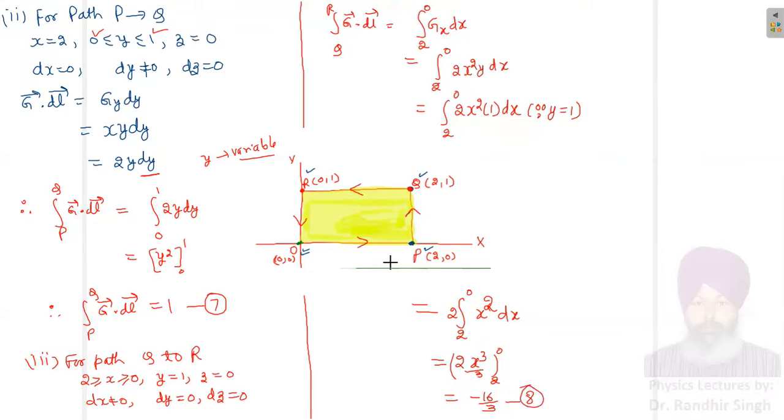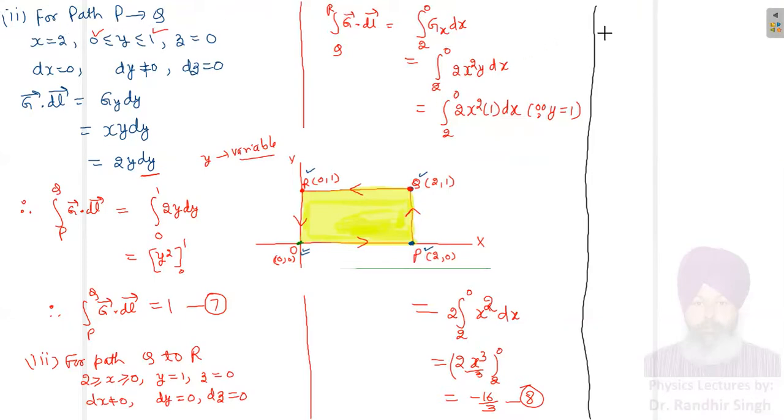Let us now go to the fourth path, that is from R to A. Sorry, I have to erase this portion.